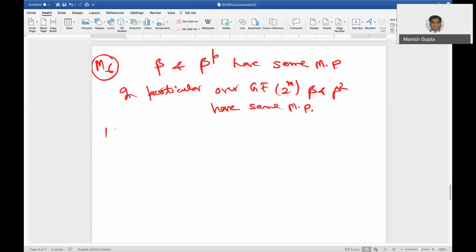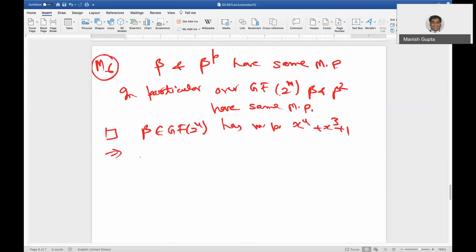So the proof is by example. I will give you a proof. So let beta be an element in GF(16) that has minimal polynomial x raised to power 4 plus x cube plus 1.